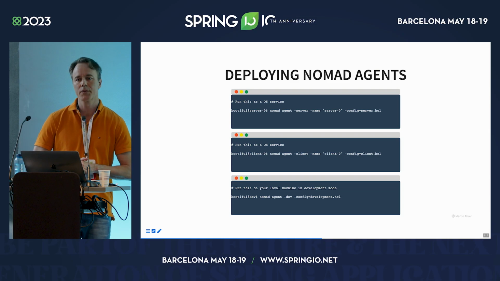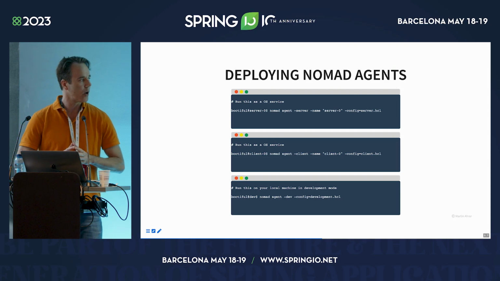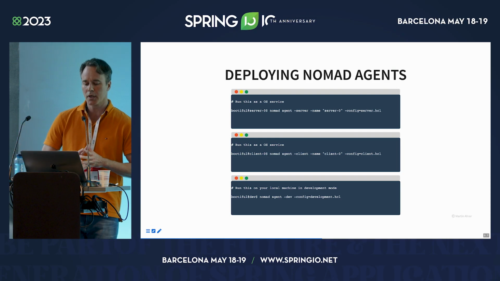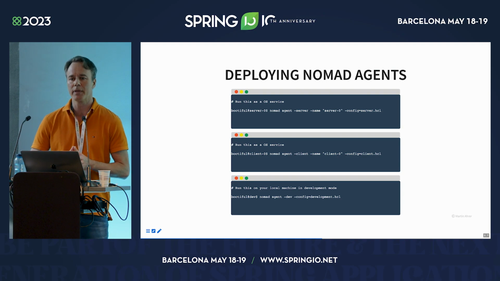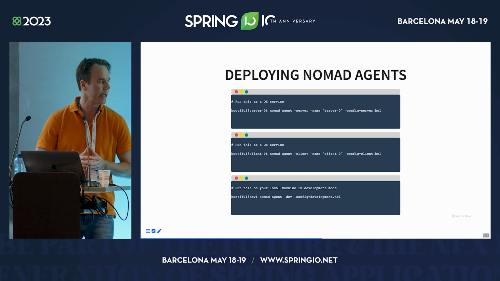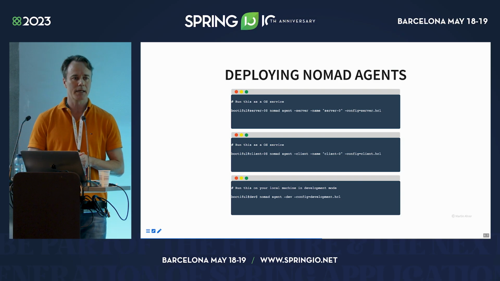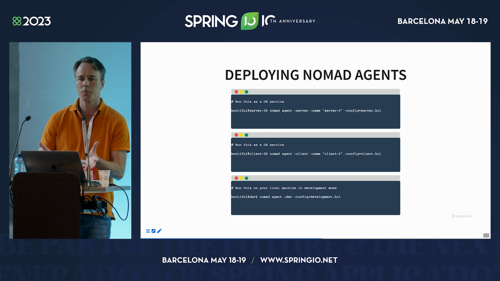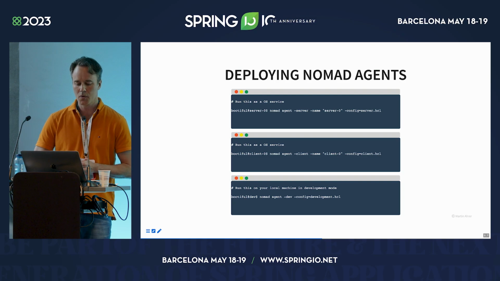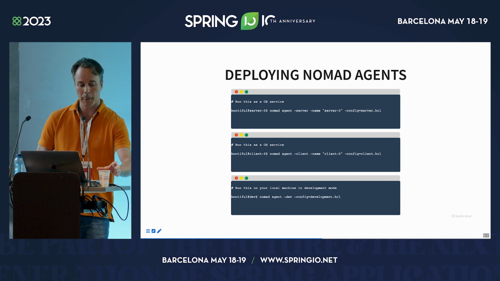So if you wanted to set up Nomad on your local machine, you could use the very same binary, Nomad, just pass the development flag, and you would get an agent process taking on the role of server and client. So on your local machine, on that Mac, I could potentially use that to develop and schedule my workload.